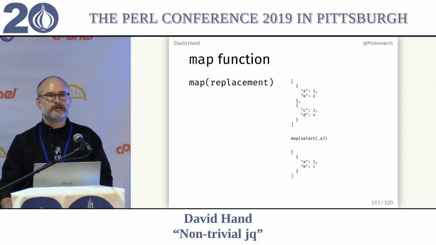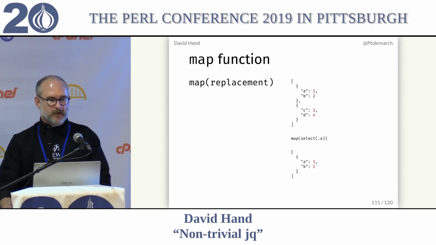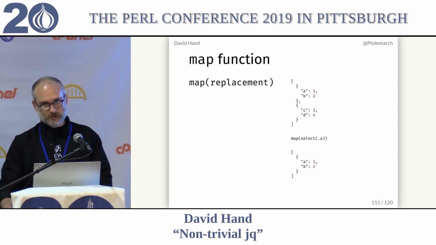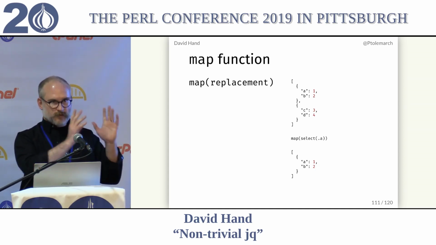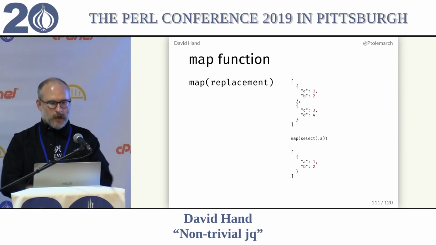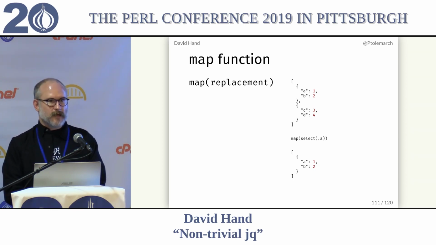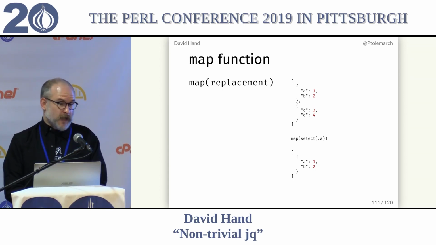The condition that select is using is .a. Map is being passed that whole array. Select is being passed in turn object 1 and object 2, or array subscript 0, array subscript 1, and that is dot at that moment. It then evaluates dot a.